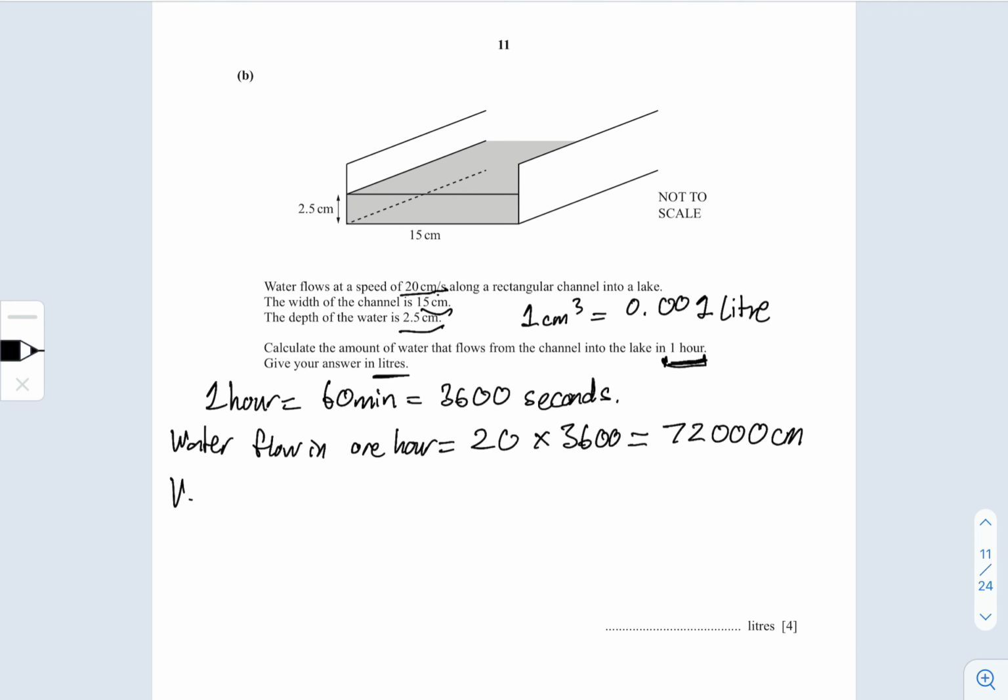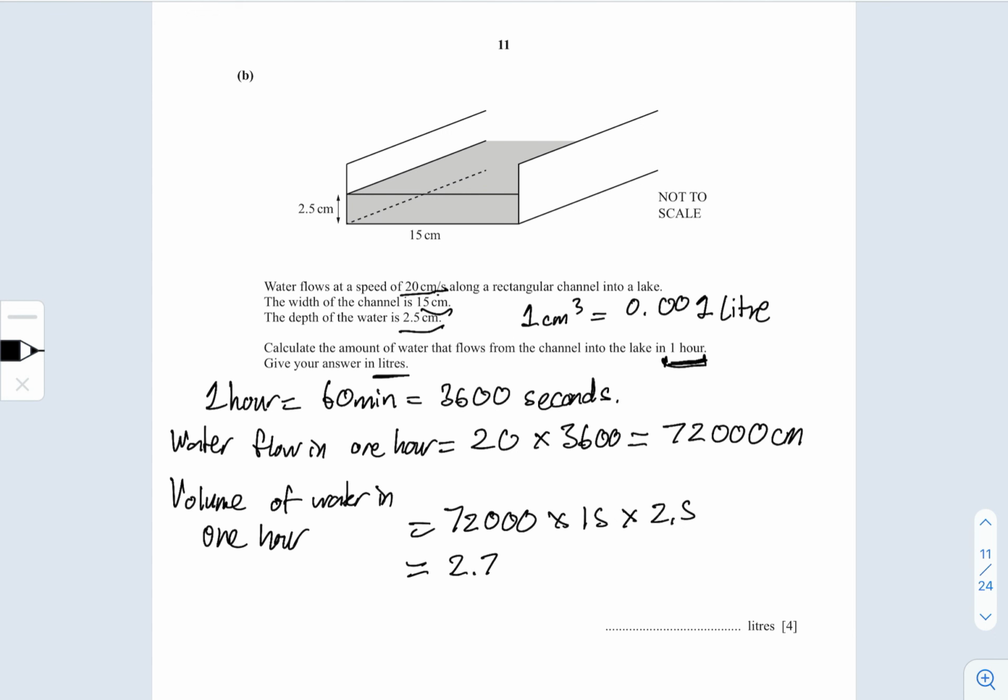Therefore, the volume of water in 1 hour equals 72000 multiplied by the width, 15, multiplied by the depth, 2.5. This gives you 2.7 times 10 to the power of 6 cm cubed in standard form.